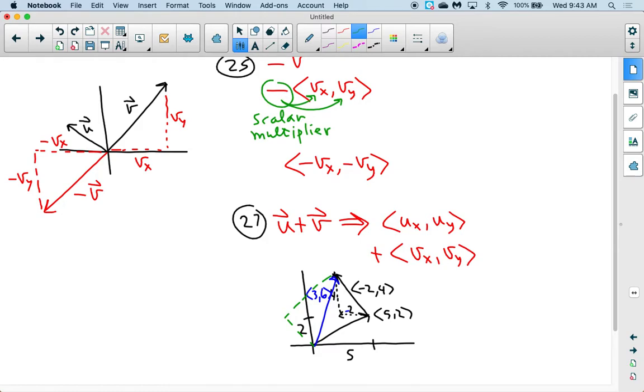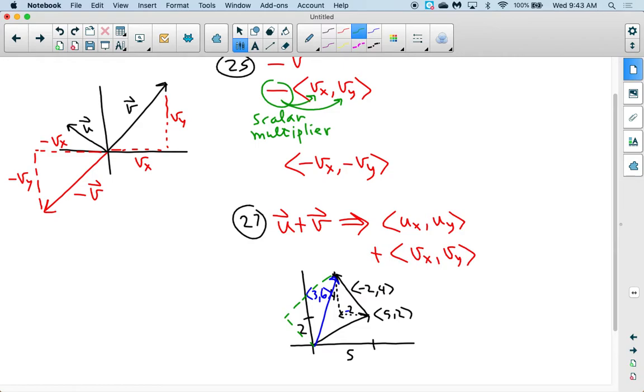Then the sum of the vectors is from the beginning of that first vector across to the tip of the last vector when they're added head to tail. So it's this particular diagonal that you get when you add. So that's one way to add vectors.